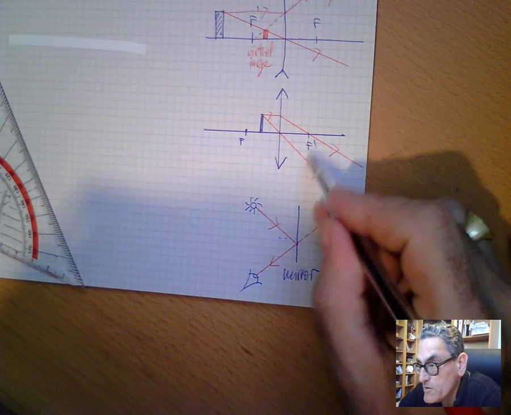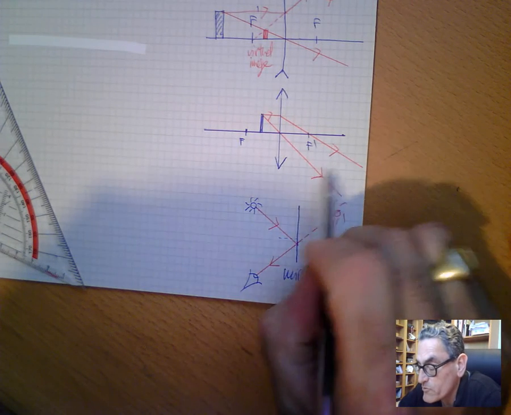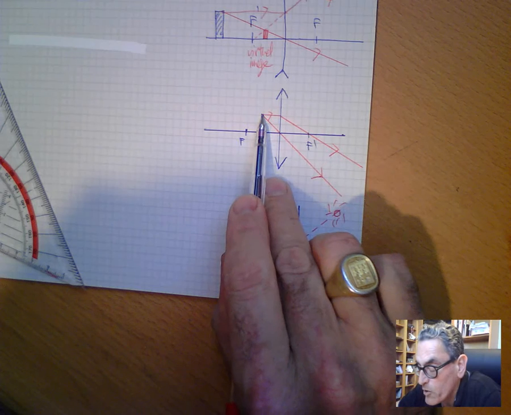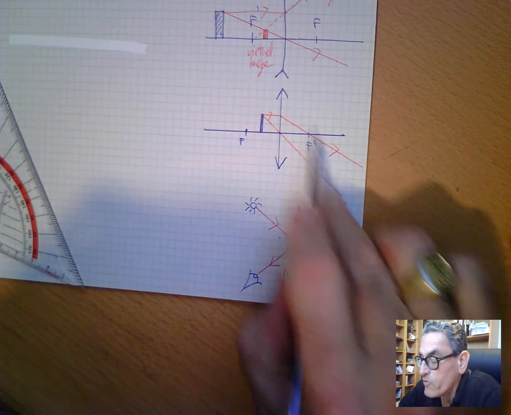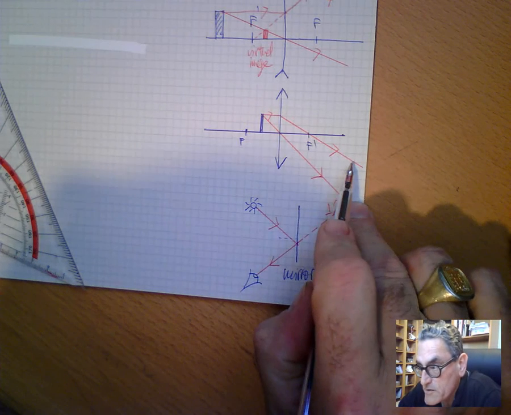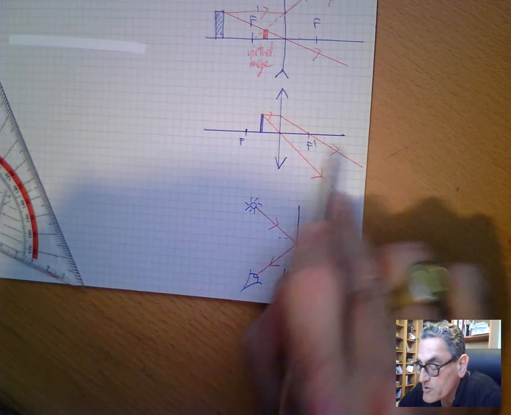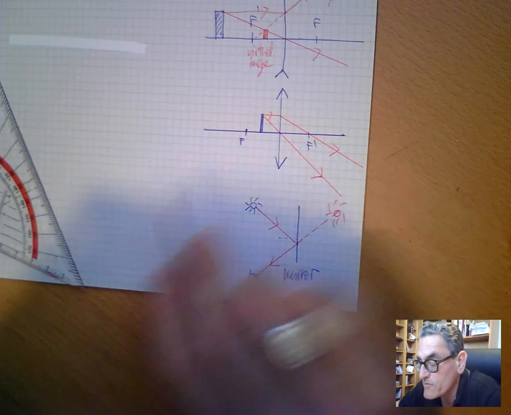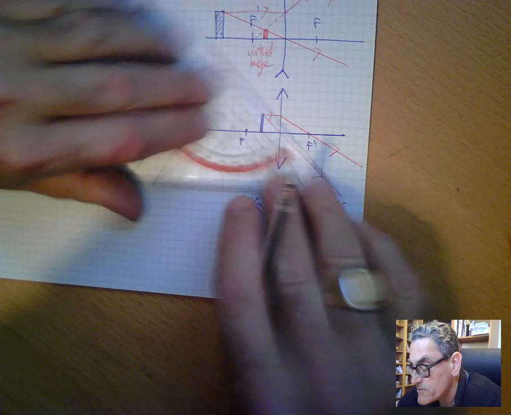Here we will not have an image, because if we want to have a real image, this point has to form on the other side of the lens by an intersection of all the light rays. We don't have that. But now what do we have?